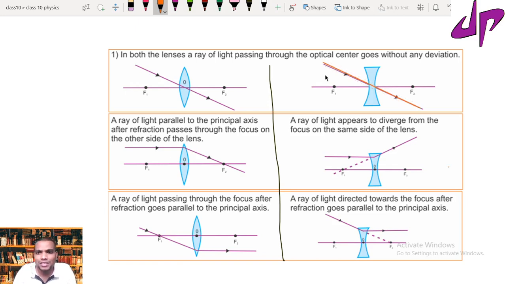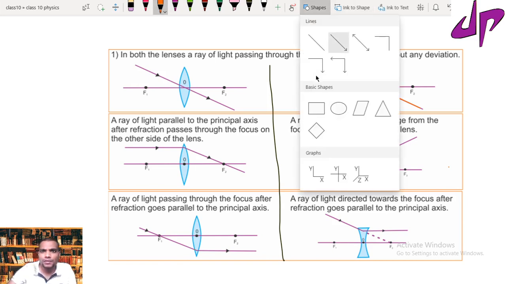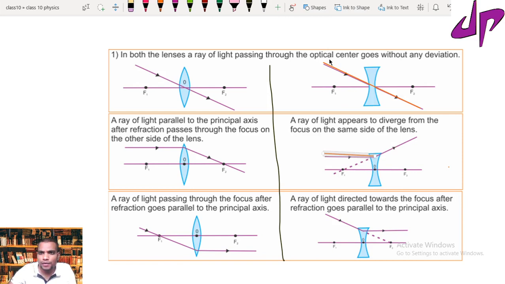Now you can see the second case. A light ray which is parallel to the principal axis. So this is a light ray which is parallel to the principal axis. After refraction, the light ray is refracting. So this is the refracted light ray. Now, if you draw the refracted light ray, it appears to come from a focus.